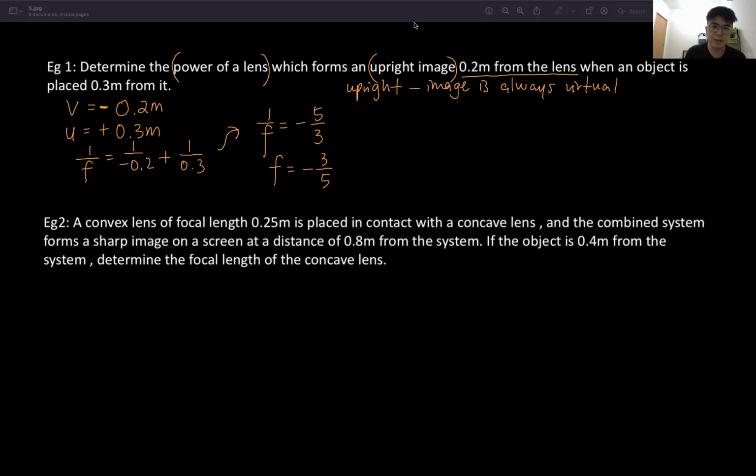Okay, so basically this is your answer, right? Because the question asks for power, and since power equals 1 over F, that means 5 over 3 is your answer: 1.67 diopters.